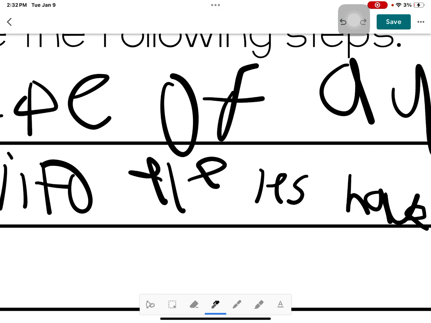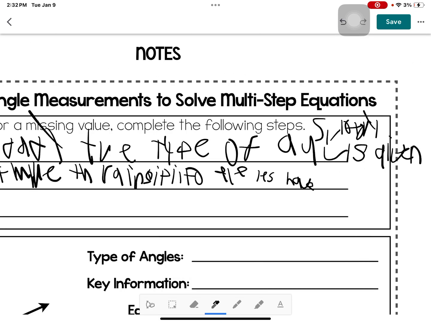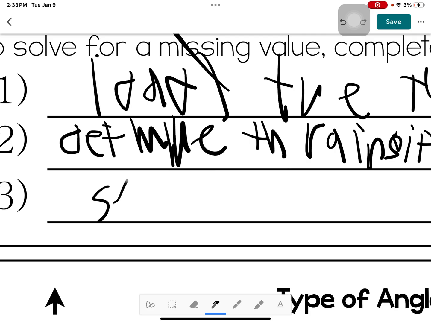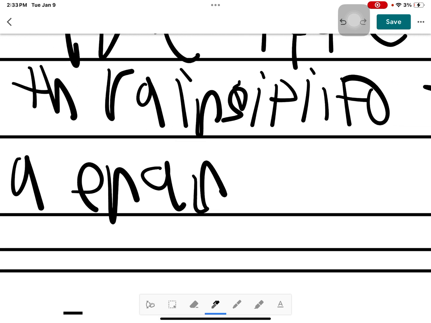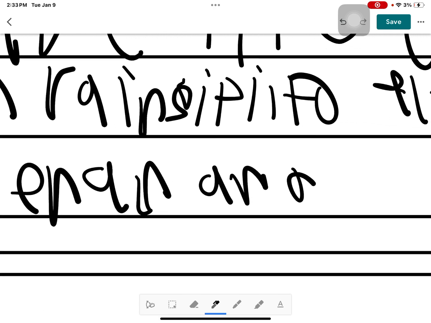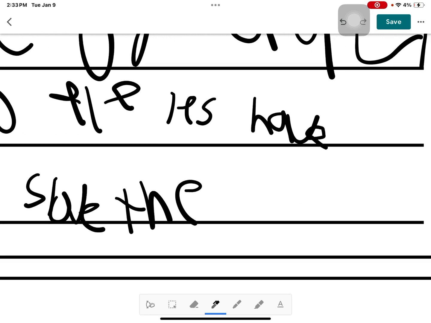Is it how you set up? Set up what? If it's subtraction or adding. So set up an equation and solve for the missing value.